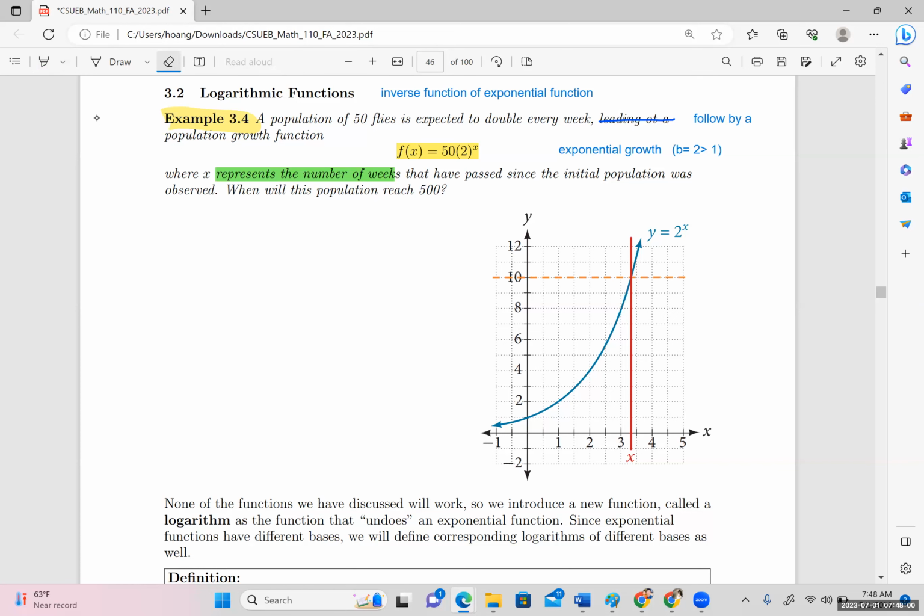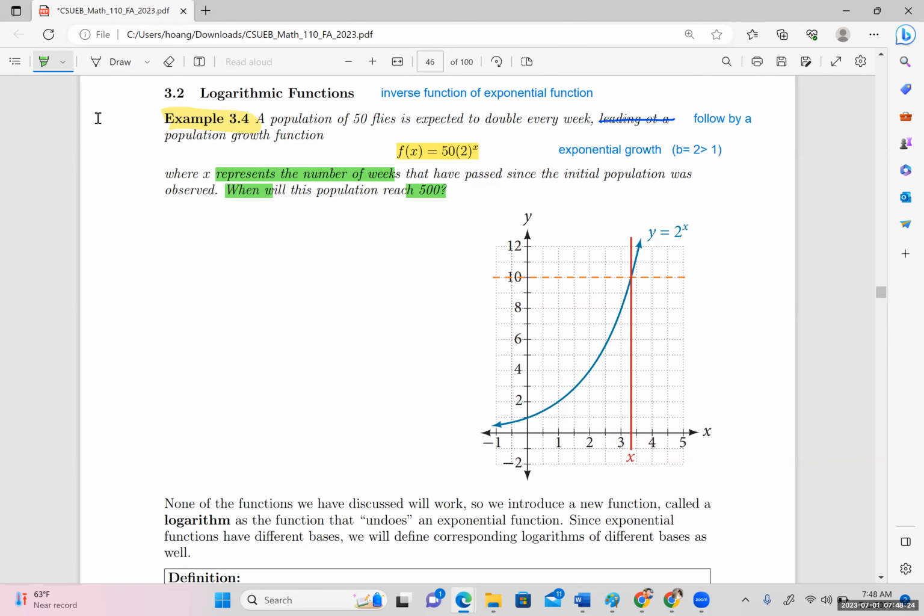Keep in mind the word when, right? When is going to be what we find. So like I said, the log function answers the question when. So let's try to do some guessing for this.